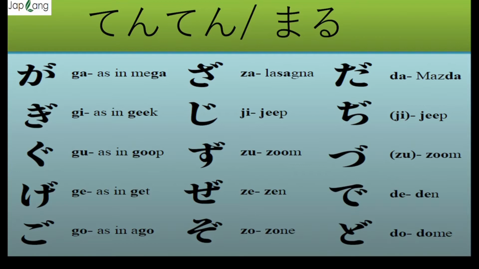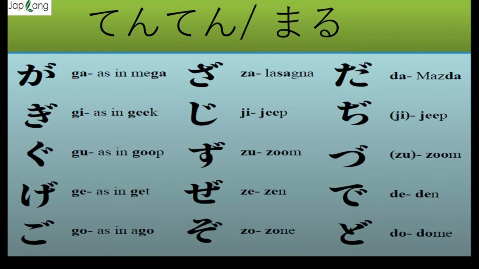Ga, gi, gu, ge, go. Ga, gi, gu, ge, go. Za, ji, zu, ze, zo. Za, ji, zu, ze, zo. Da, ji, zu, de, do.